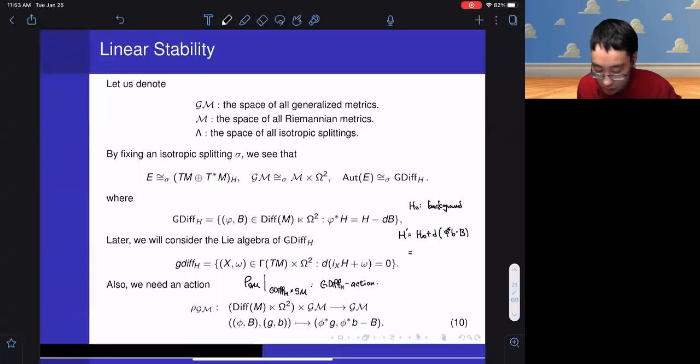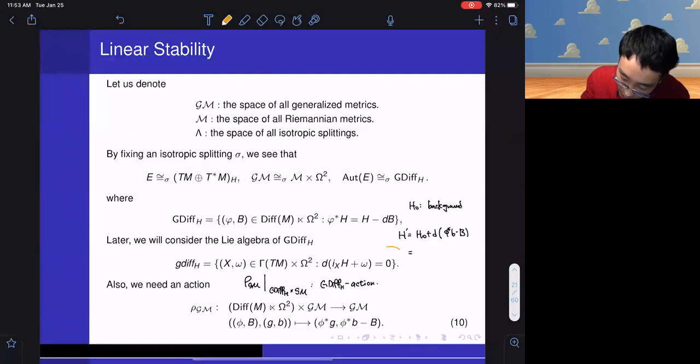Because if your phi b lies in G diff H, then V star H will be H0 minus dB.